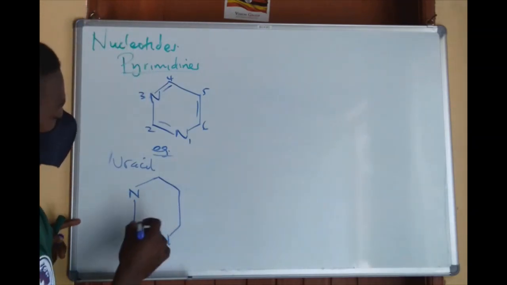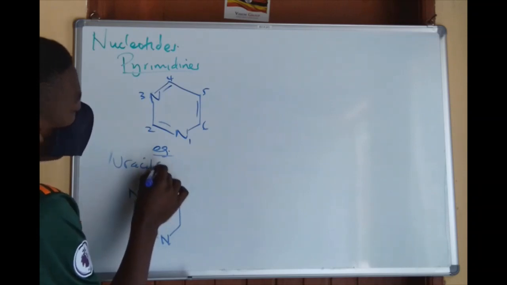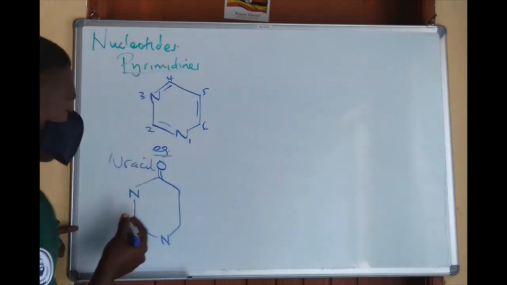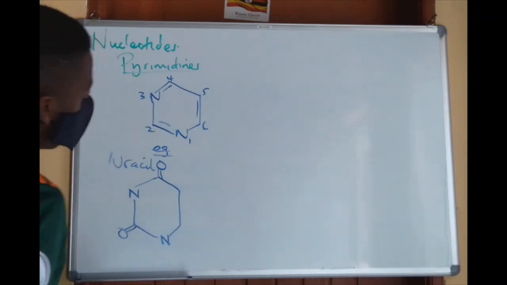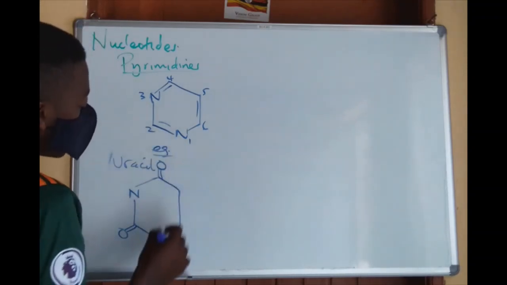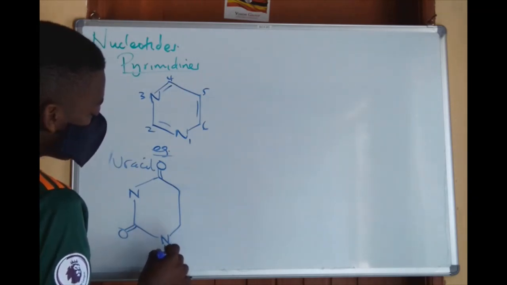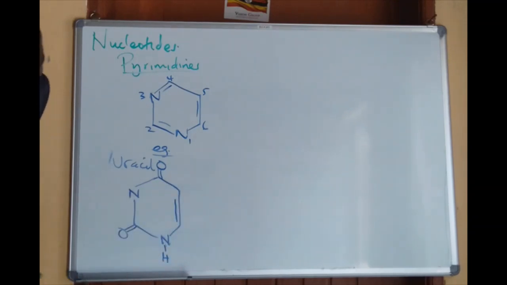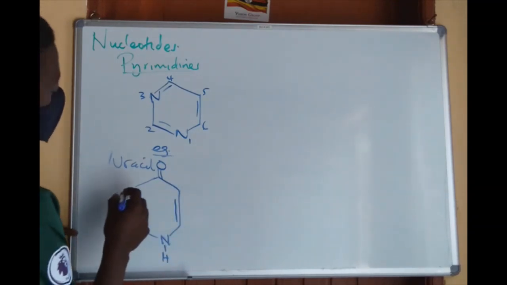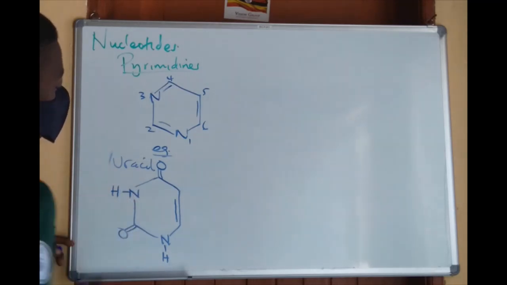In uracil, we have an oxygen atom at carbon number 4 and another oxygen atom at carbon number 2. It means our N1 will have an H here. This one also has an H, like that.